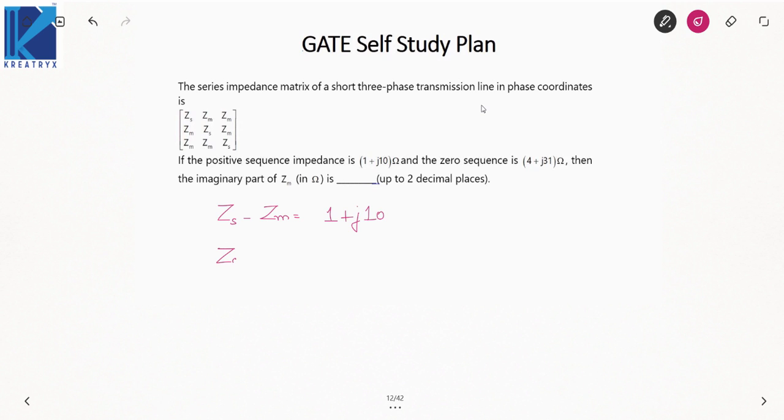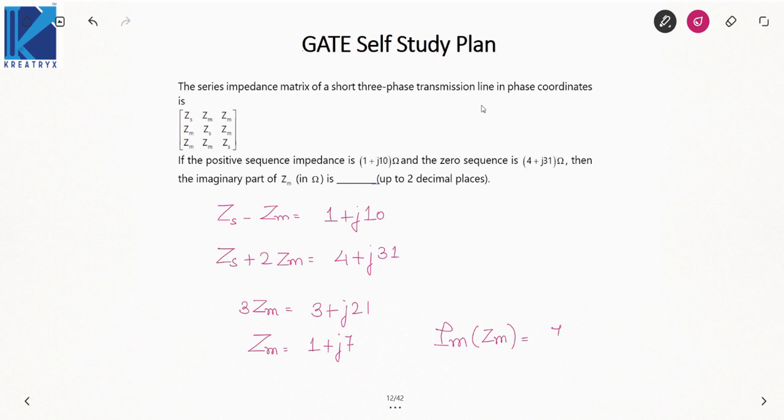Zero sequence impedance is Zs plus 2Zm, which is 4 plus j31. We need Zm. Subtracting both equations, 3Zm will be 3 plus j21, which means Zm is 1 plus j7. It is asking for the imaginary part of Zm.